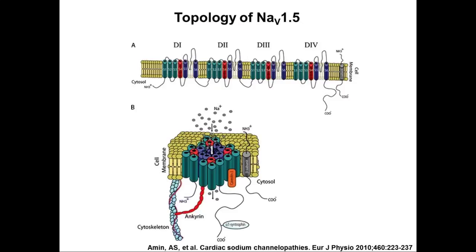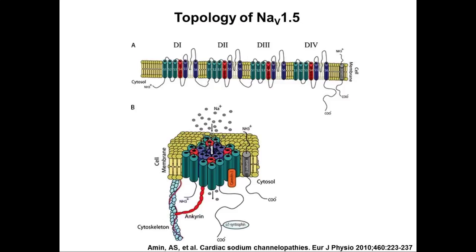So after my K08 training, I moved on to research in cardiac sodium channel regulation. As I pointed out before, sodium channel topology is different from potassium channels. As you can see, this is one molecule that actually consists of 4 domains.